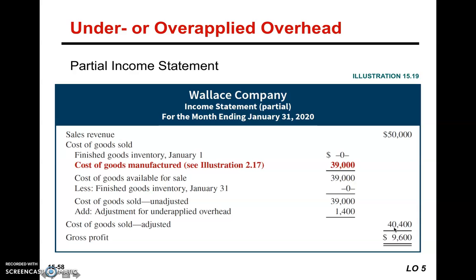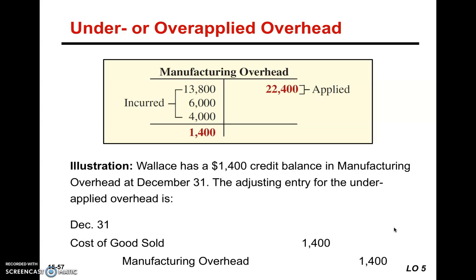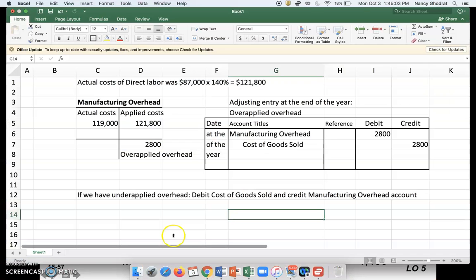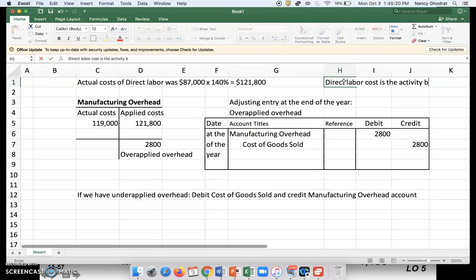Now let's go over an example of over applied overhead. Let's say actual cost of direct labor for the year was 87,000, and direct labor cost is the activity base for the company, meaning they use direct labor cost to apply overhead.